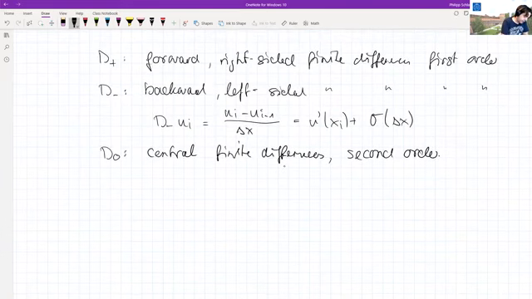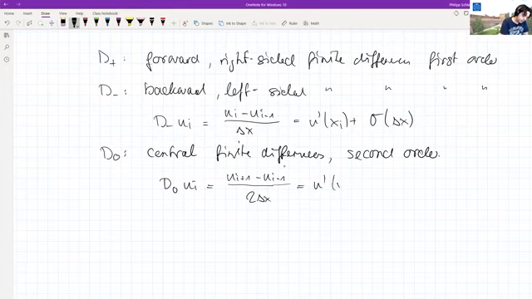And also this I can quickly write down. So d0 applied to ui would then be ui plus 1 minus ui minus 1 divided by 2 delta x, and that would be an approximation of the derivative, but then the error term here would be delta x to the power of 2.